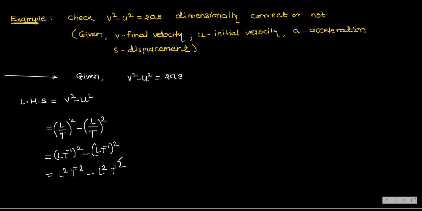But this is not going to be 0. Keep it in mind, this is very, very important. So the dimension is L square into T power minus 2. This is your left hand side.